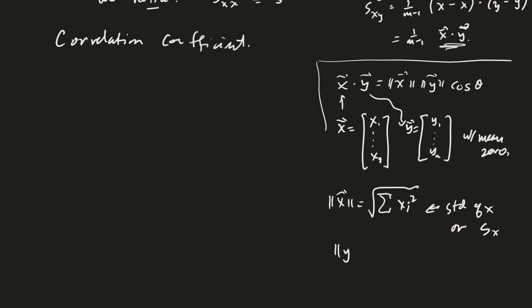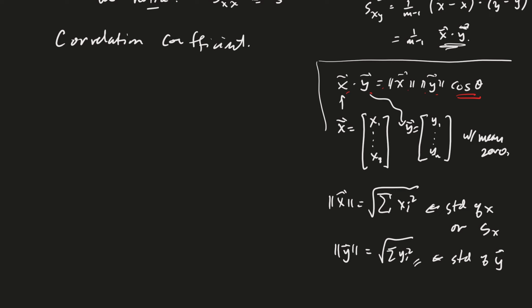Similarly, the norm of y is the square root of the sum of yi squared, and if this is already mean 0, then this would be the standard deviation of y. And so getting back to my discussion, the cosine of theta I can write as x dot y over the magnitude of x, magnitude of y, or standard deviation of x, standard deviation of y.